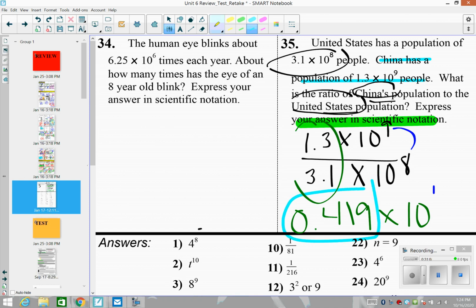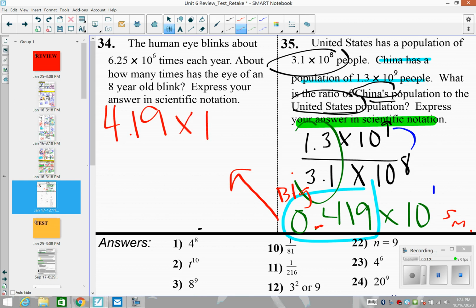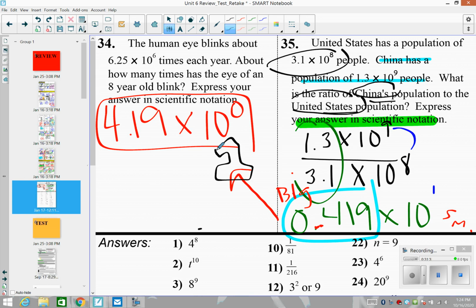It's too small. It has to be between 1 and 10. So if I move the decimal to 4.19, it fits in the bank. If I make the coefficient bigger, I have to make the exponent smaller. So that becomes times 10 to the 0 power. So it'd be 4.19 times 10 to the 0 power, which is essentially 1. But if it's asking for scientific notation, you do have to write it in that notation, even though the exponent is a 0.